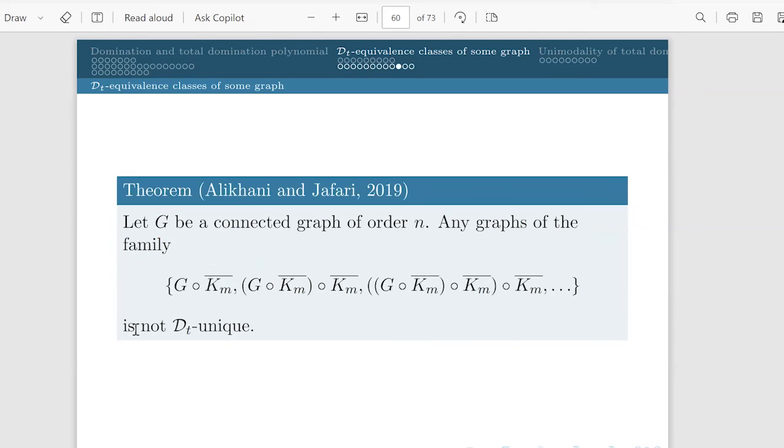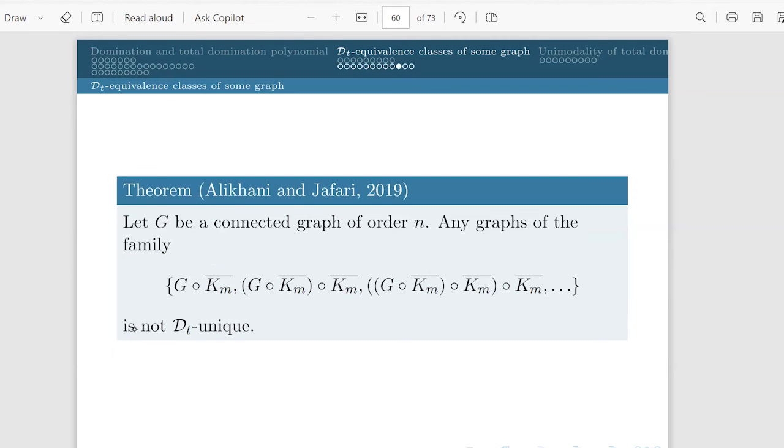And by this theorem, we could present many graphs in the form G corona with the empty graph of order m and so on, which are not DT unique.